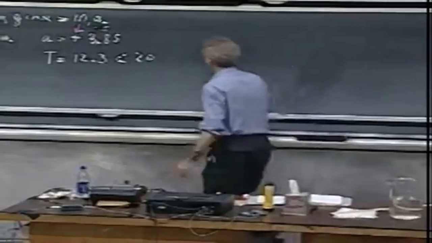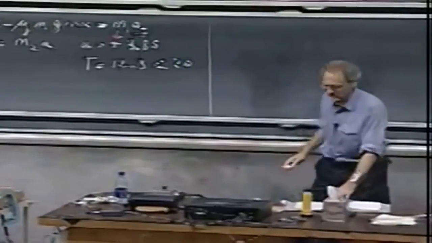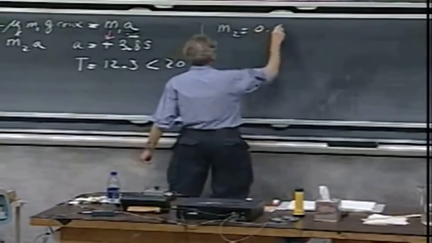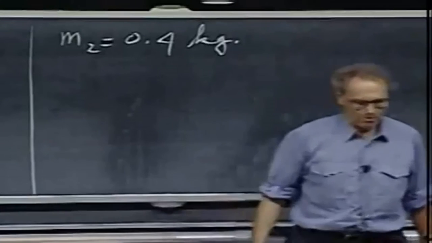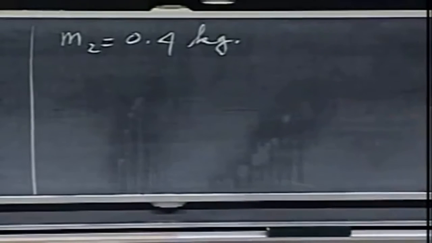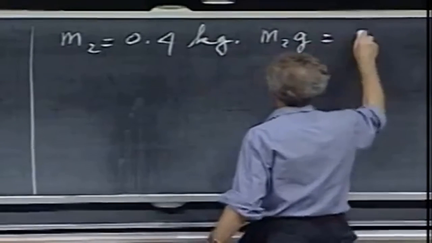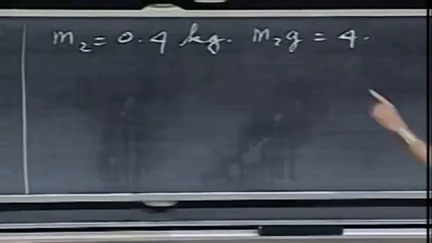Now, we take the same situation. I leave everything unchanged, but I make the second mass, m2, 0.4 kilograms. So now all the numbers remain the same that we have there, except that m2g now becomes 4. Now I'm going to test again.